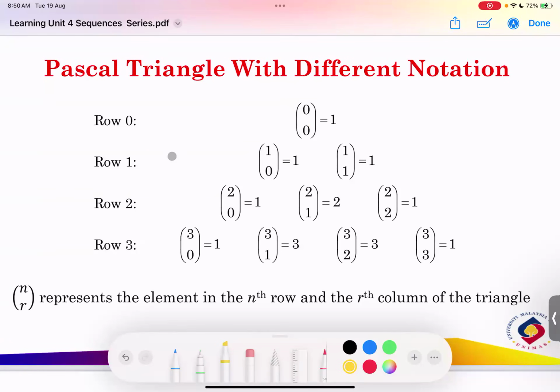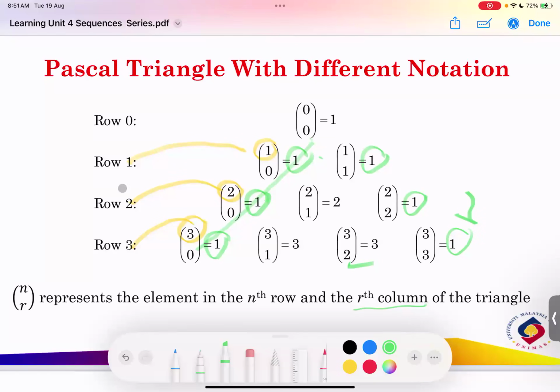So you see this one is row 1, row 2, row 3, and these are the columns. You can see the columns here are 1, 1, 1, and here also 1, 1, 1. All right, so you can look into this situation. This is the row. This is the column.